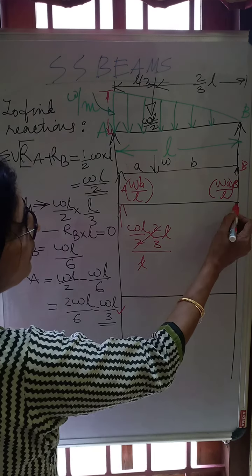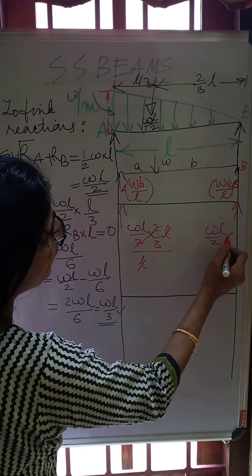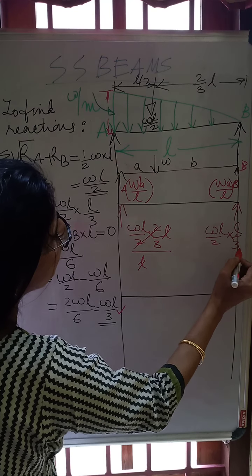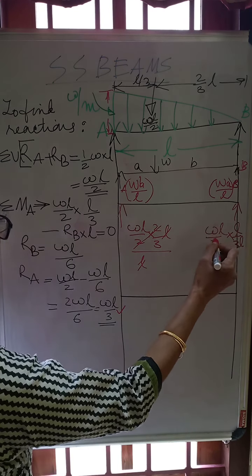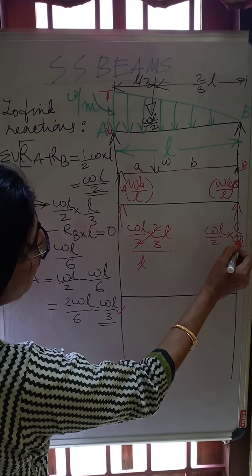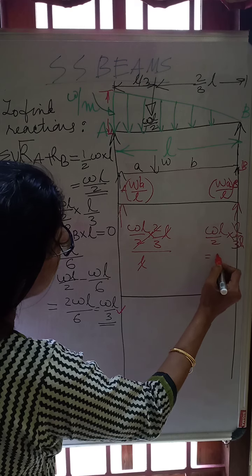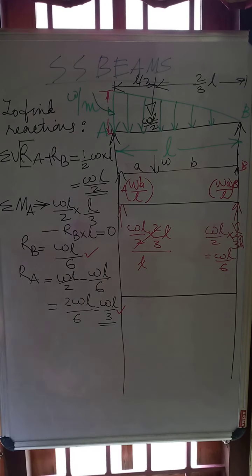Similarly, this support reaction will be, the load is WL by 2 into the other distance, this distance that is L by 3, divided by L. This is W, this is A, and by L. So this gets cancelled. So you get WL by 6. That is your reaction, WL by 6.